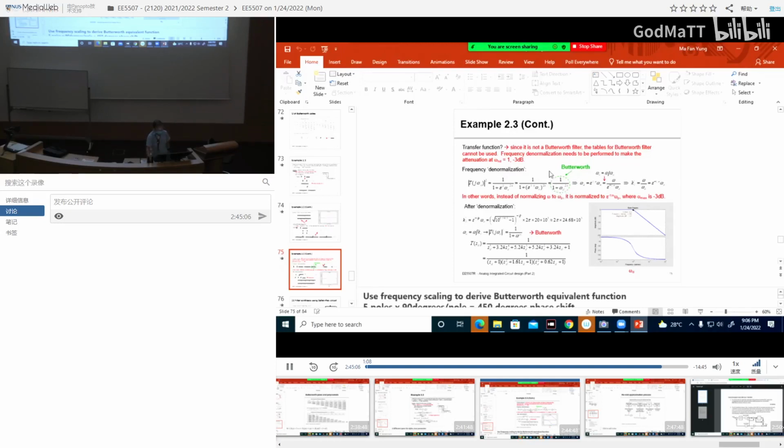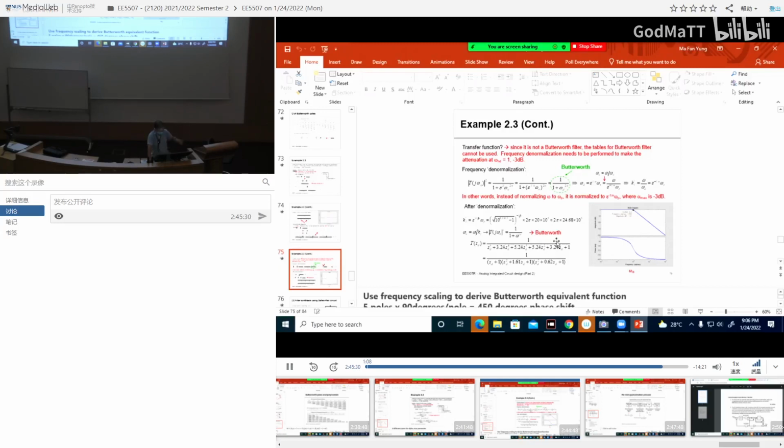And this is the frequency substitution. So now we get to this. It looks like a Butterworth transfer function again. Remember, n is now 5. So this is some sort of denormalization. So now we come to this, then we can go back to the table again.